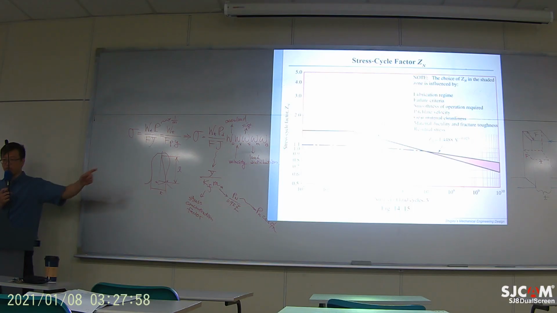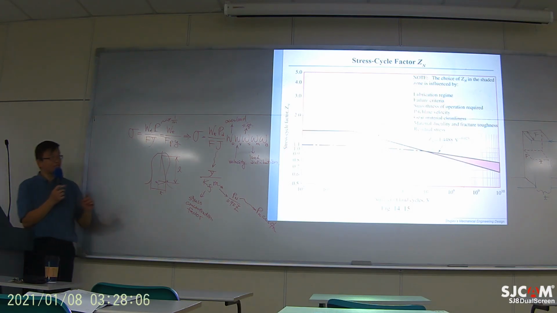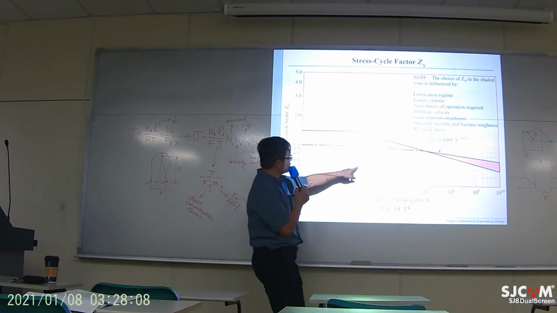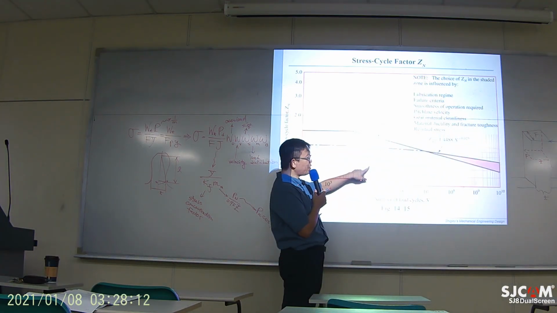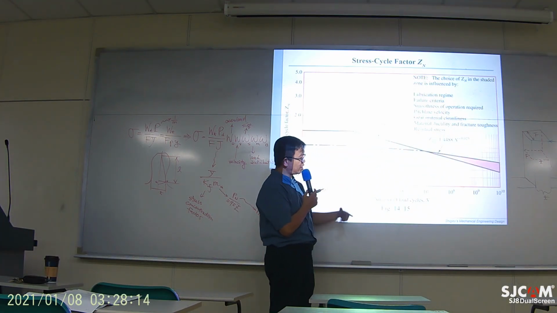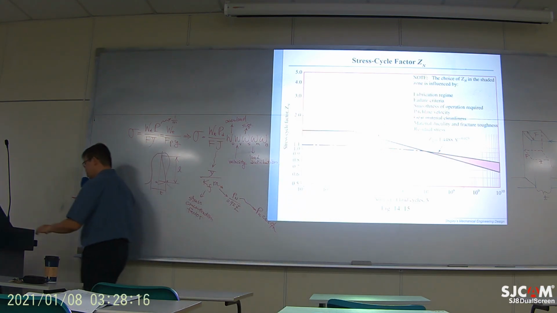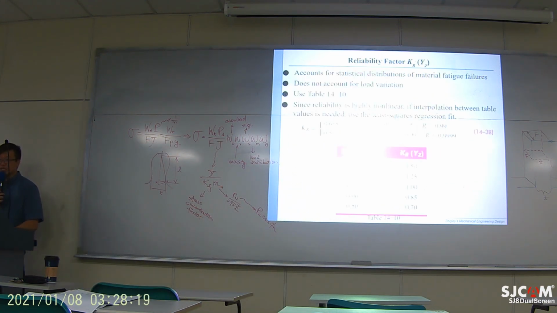Here is actually a table to estimate for the factor z. And again, you see coefficients and then a very weird equation. Again, that would be a result of curve fitting.